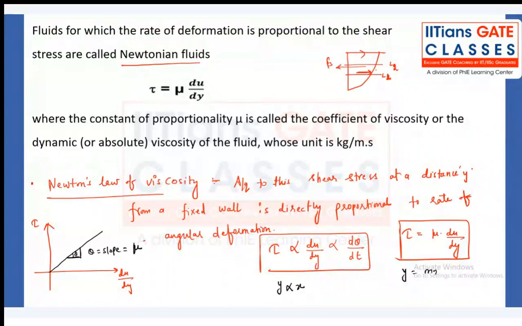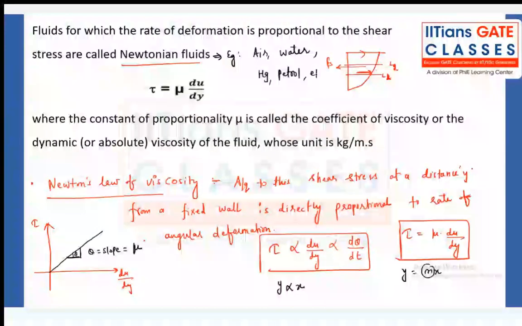Because y equals mx, where m is the slope. m is mu. Slope becomes viscosity. What are examples of Newtonian fluids? Air, water, mercury, petrol, etc.